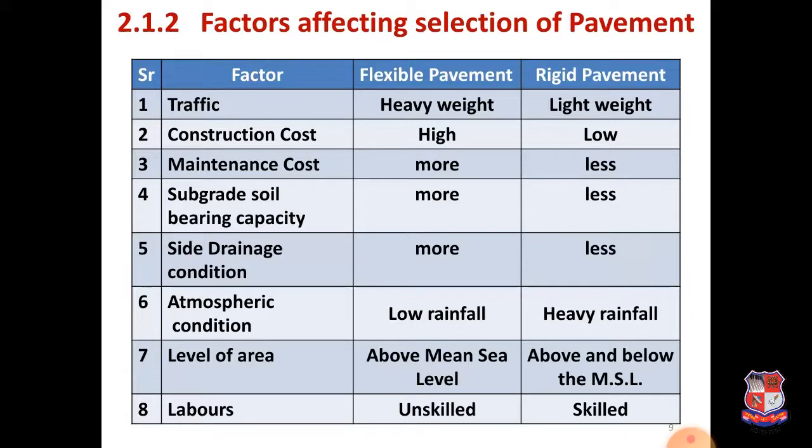So when side drainage condition is good or more, we select flexible pavement, and when it is less, we select rigid pavement. Due to topography of ground, in some region or in some area, side drainage condition is not available.